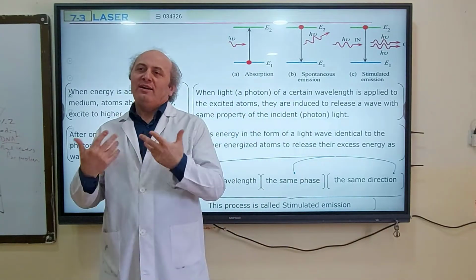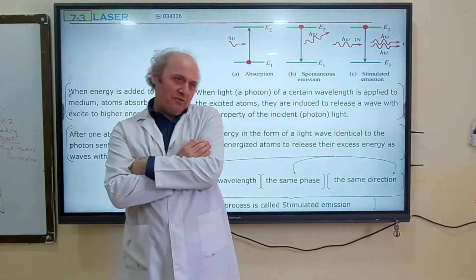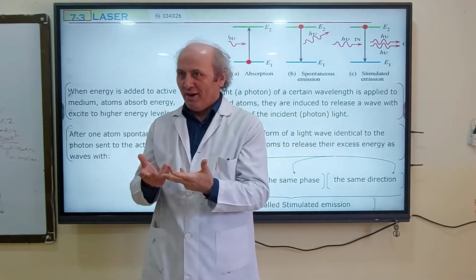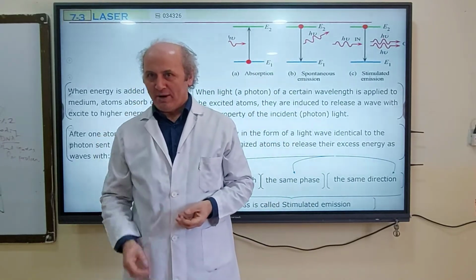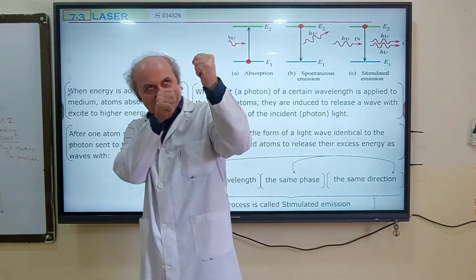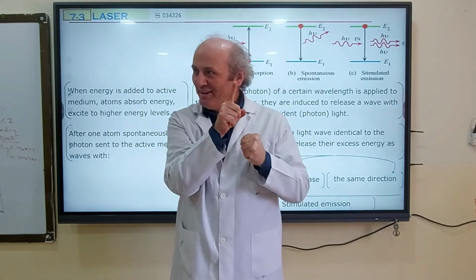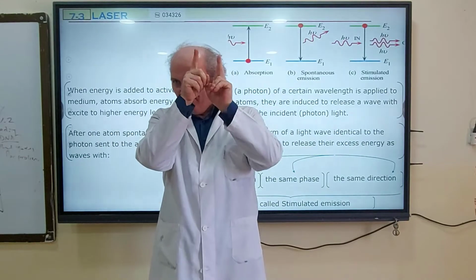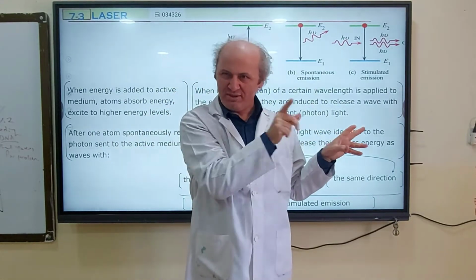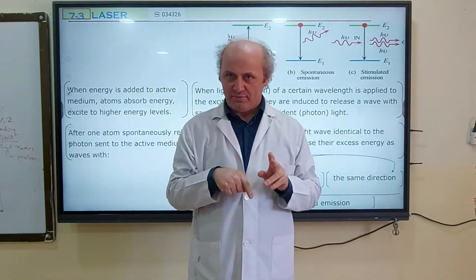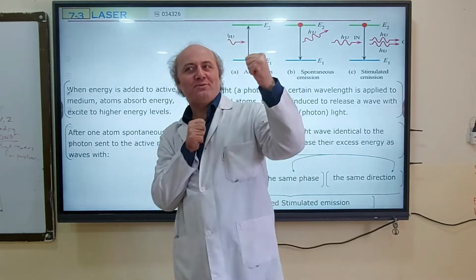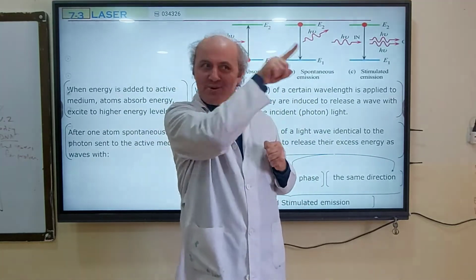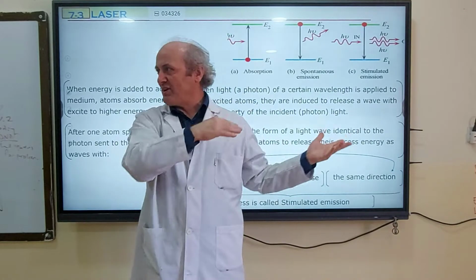If these birds fly on their own, one by one, it is spontaneous. But if I hold a rock and throw it toward them, they are going to fly together. I am stimulating them to fly at the same time. Similarly, the photon we send is similar to the rock I send to those birds, and then they all start to fly.